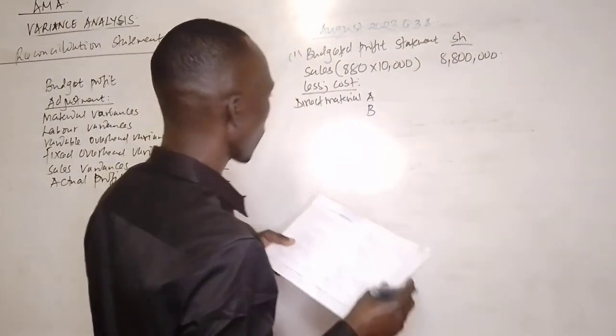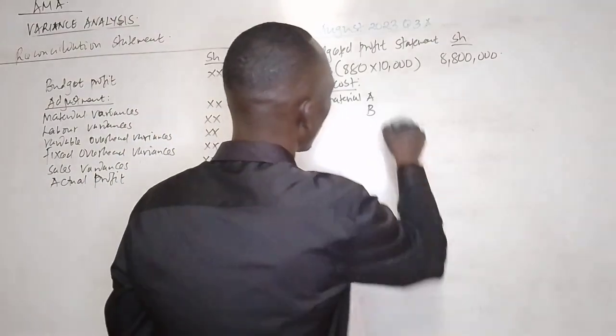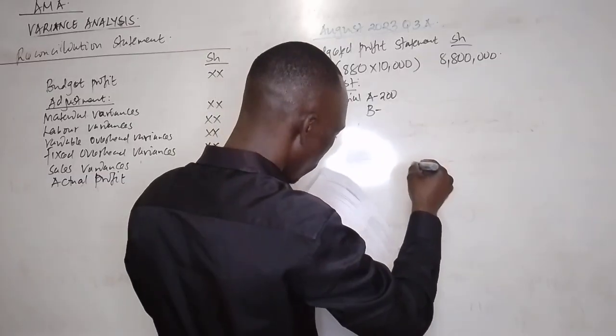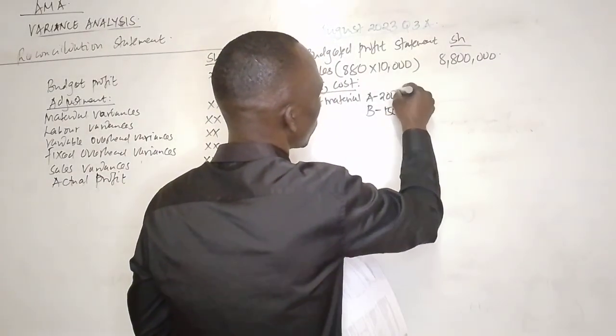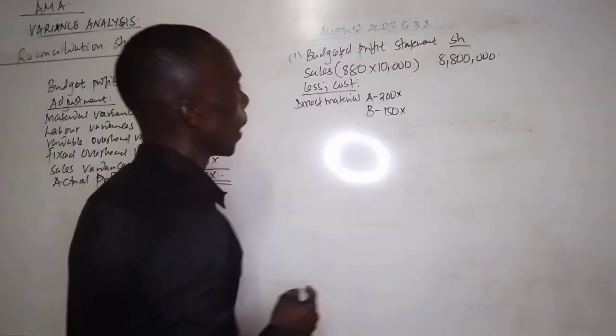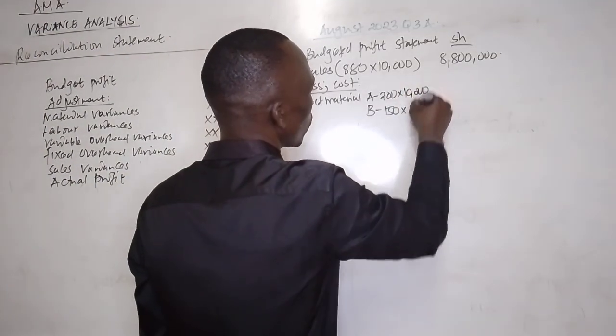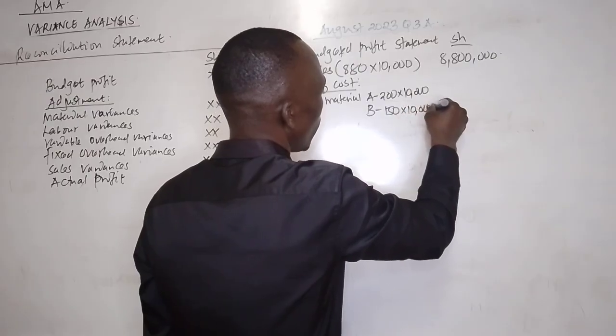But we are going to take per unit: 200 and 150. Then you multiply by the number of units produced and sold, which is 10,000.